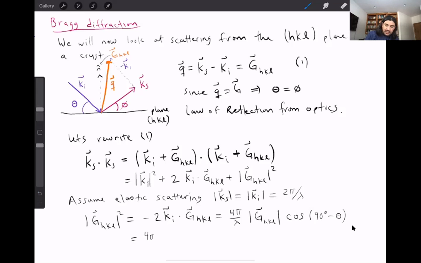And I have 4 pi over lambda, the magnitude of G, sine theta, is equal to the magnitude of G HKL squared. So we see both magnitudes on both sides.